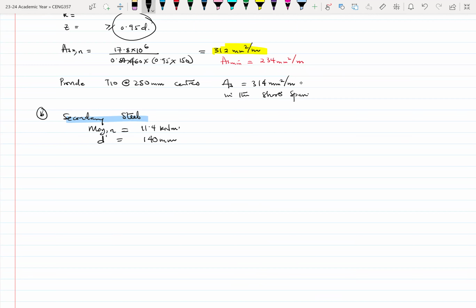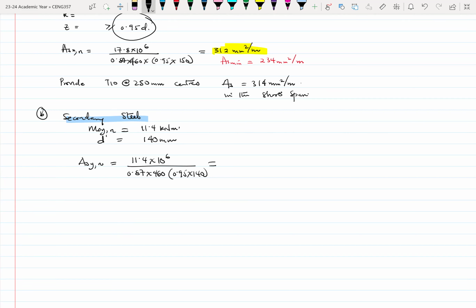So our ASY negative will be 11.4 times 10 exponent 6 divided by 0.87 times 460 times 0.95 times 140. This should give us 214, I believe, something close to that.